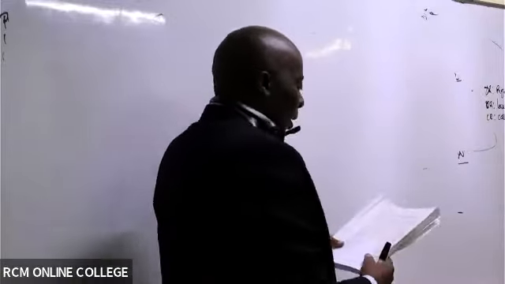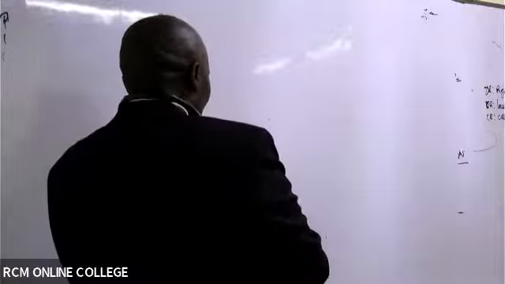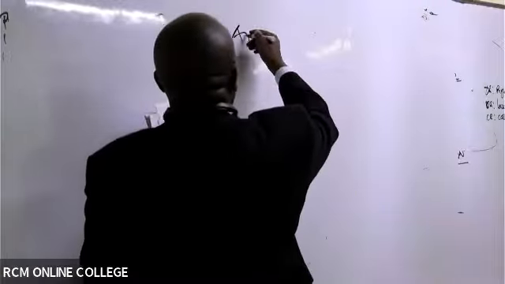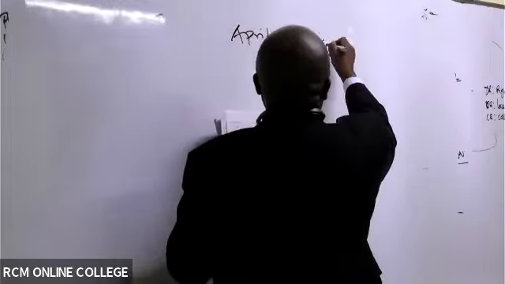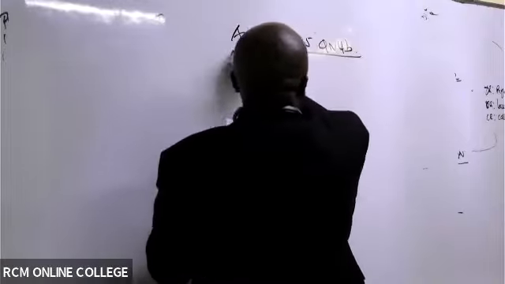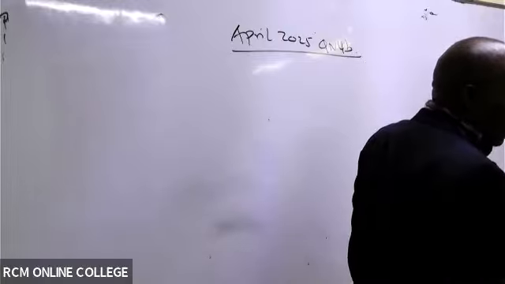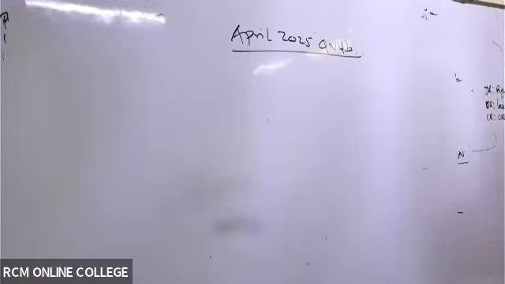Gathoni has gotten the paper. You can share that paper also on your WhatsApp groups. So this is April 2025, question number 4B. I don't know whether my physical students have been able to get something. Not yet.